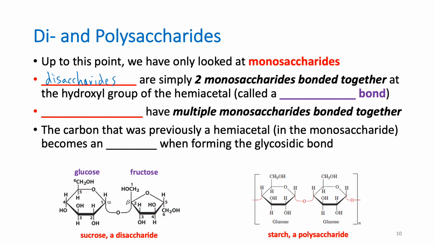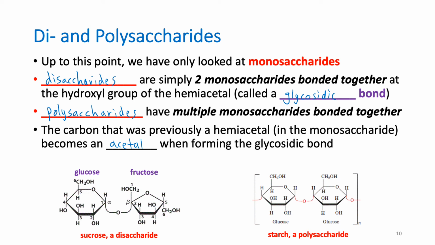This particular bond is called a glycosidic bond. And polysaccharides, meaning multiple saccharides, multiple sugars, have multiple monosaccharides bonded together. The carbon that was previously the hemiacetal, aka your anomeric carbon, becomes an acetal when forming the glycosidic bond.